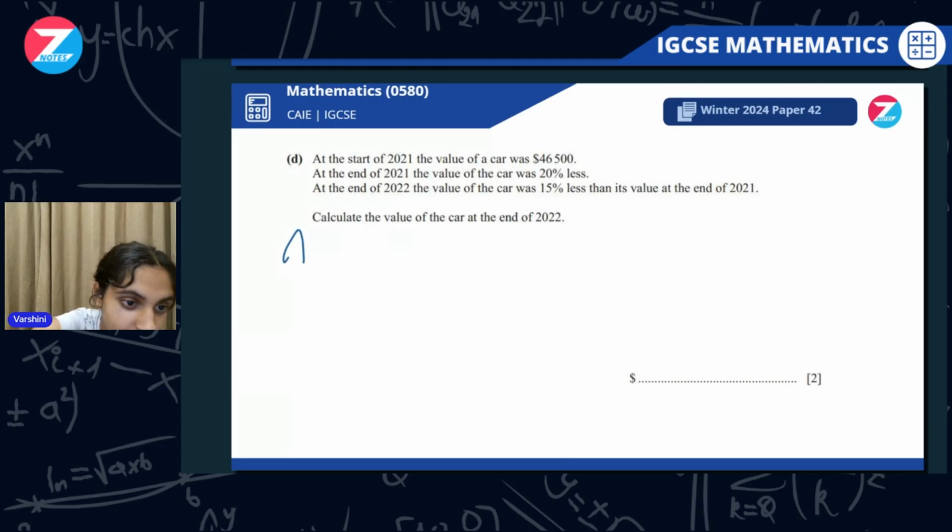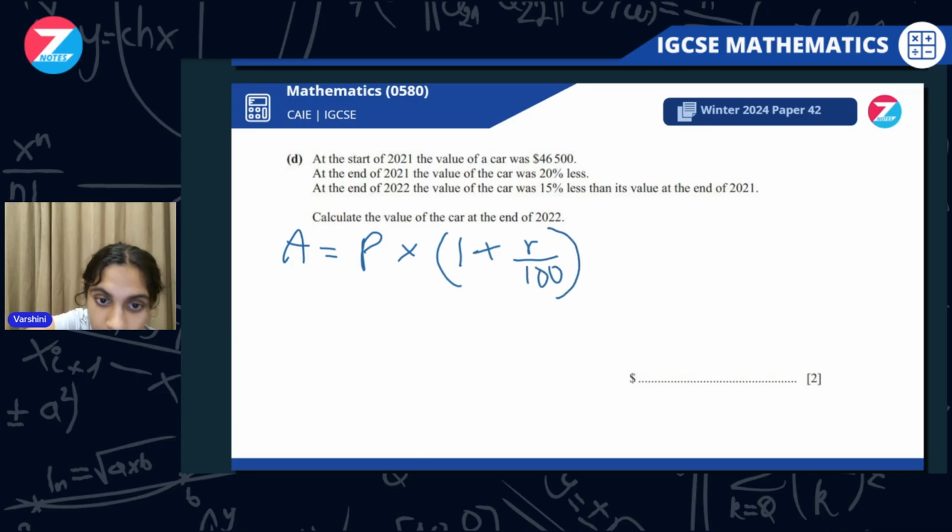The amount is equal to the initial value, which we're going to put P, into 1 plus the rate, which here is going to be 20 and 15 respectively, divided by 100. But it's not only getting depreciated once, it's getting depreciated twice.